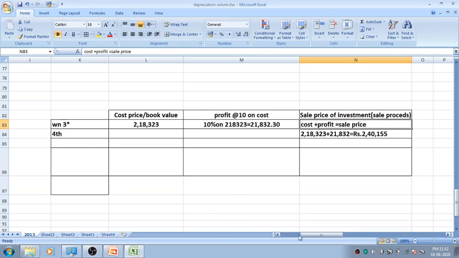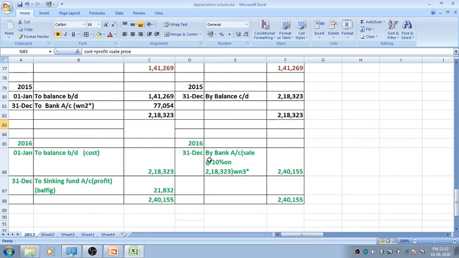So we are going to record this sale in which account? Investment. So by bank account. So when there is purchase, we write to bank. So when there is sale, reverse entry by bank account. Sale at 10% profit on the cost, and that comes to, when you add that and calculate the amount, 2,40,155, which we have shown in the working note.